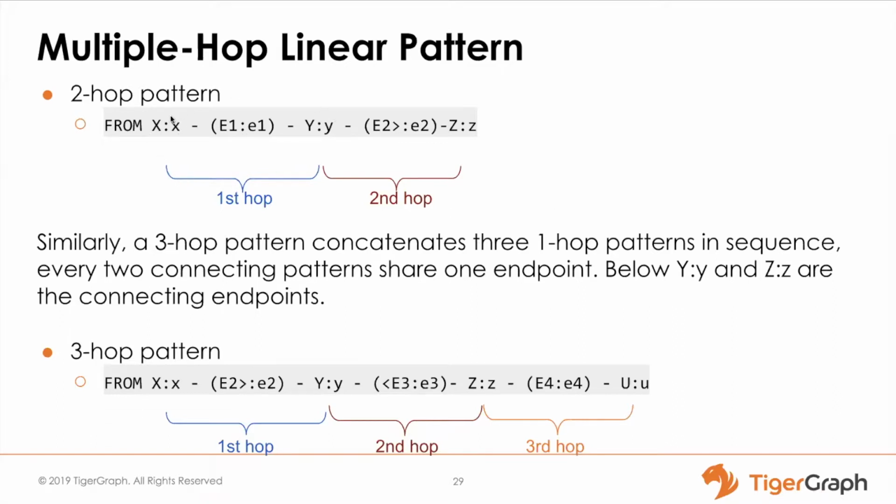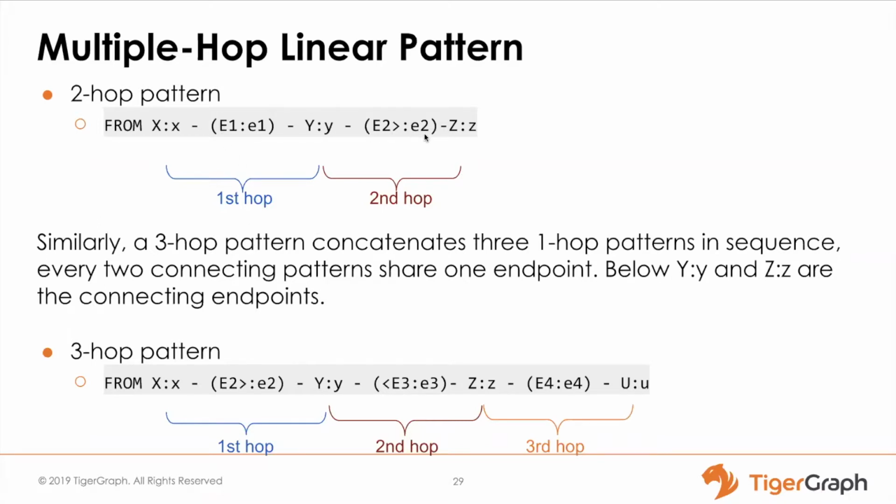The first one is a one hop pattern, and if I look at the right side of Y, I have a second hop pattern, and then I concatenate the source Y with the target of X. The first hop target is shared with the second hop source. So this is a 2-hop pattern.